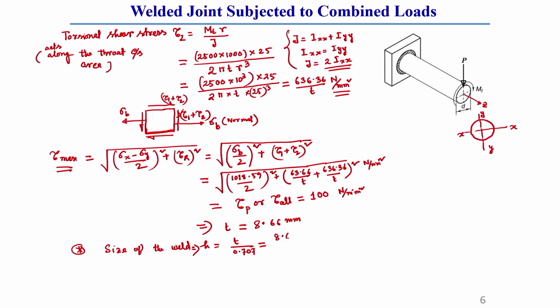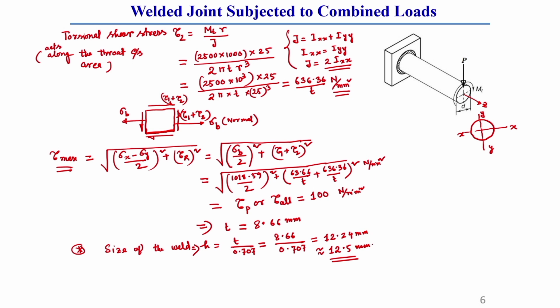So, 8.66 divided by 0.707 will give us a value equal to 12.24 millimeter. You can consider this a little bit on the higher side for design purposes, 12.5 millimeter, or you can consider 13 millimeter, the next higher digit, but 12.5 millimeter also will be on the safe side, not less than this size. You should keep this in mind.